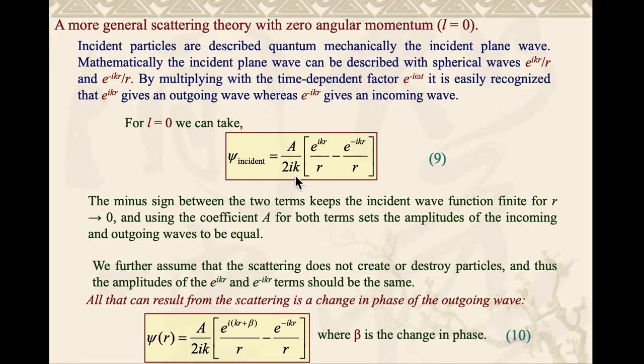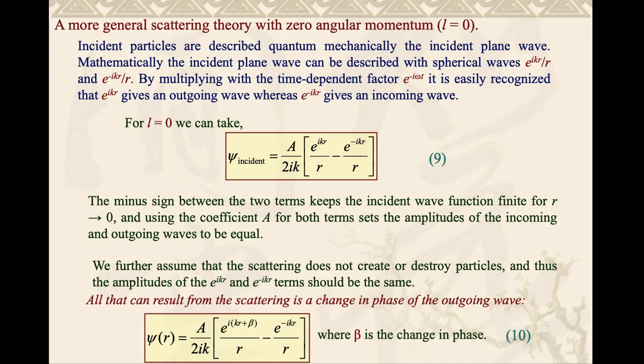The minus sign between the two terms: if you want to consider the total wave, you can consider it as the incoming plus outgoing. That's the total one. So normally our method will be the summing of these two. But actually what we are doing is, here we are putting a minus sign.